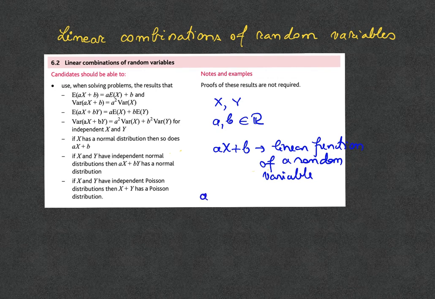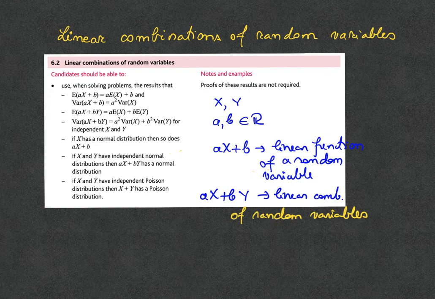And expressions of the type aX plus bY are linear combinations of random variables. For example, the expression 2x plus 1 is a linear function of the random variable x. The expression 4x minus 5y is a linear combination of the random variables x and y.